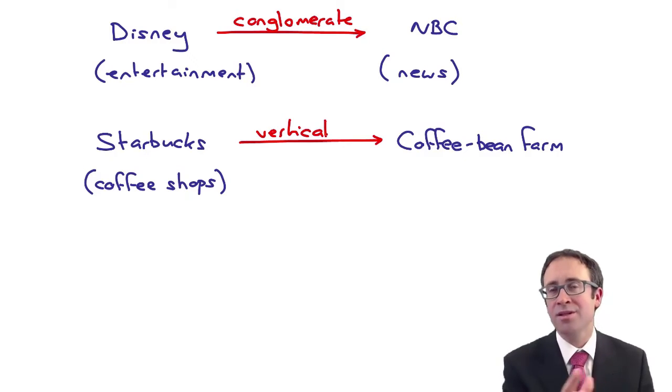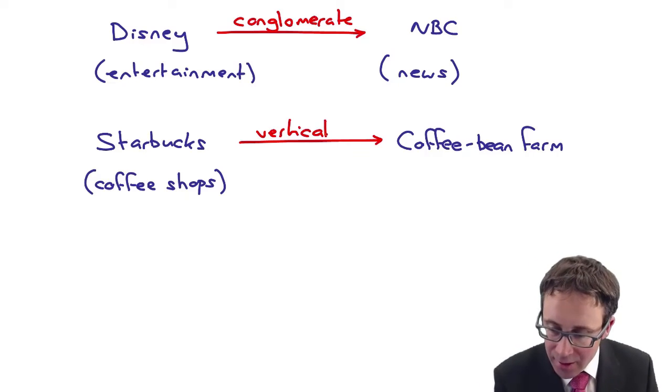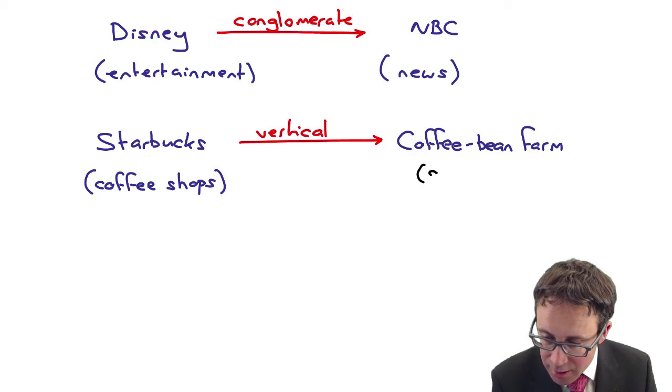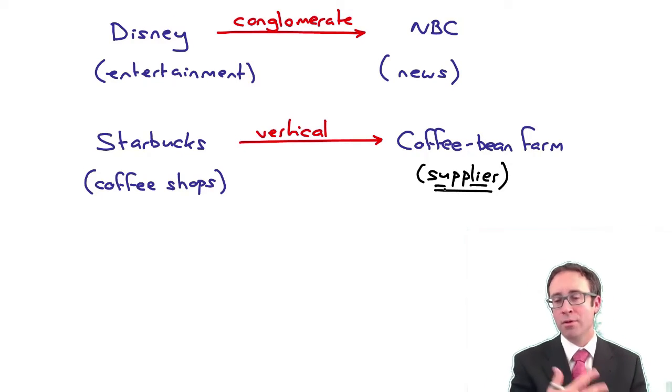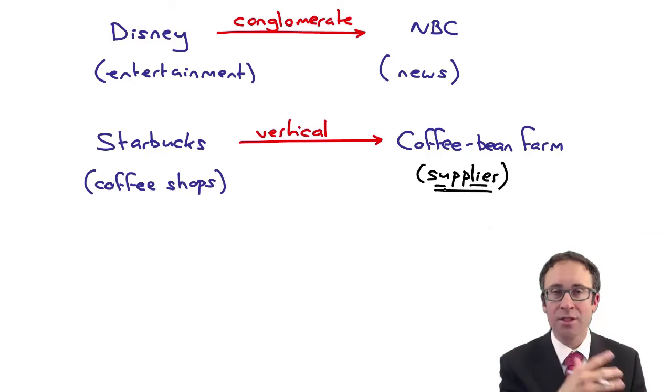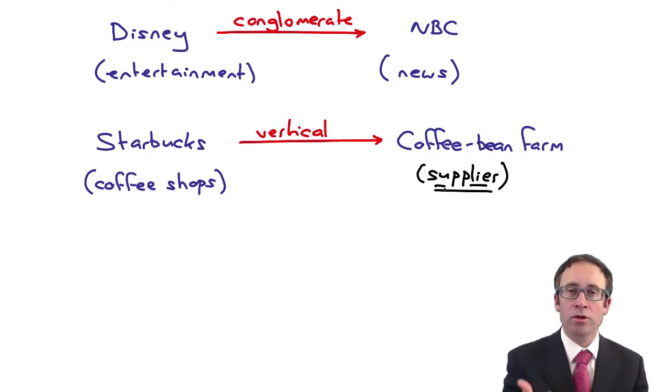And the reason why is because that is within the supply chain. Okay. And what's happening there is that the coffee bean farm is effectively the supplier, isn't it? It will supply the goods that it produces to Starbucks, and by Starbucks acquiring or merging with that coffee bean farm, it has more control.